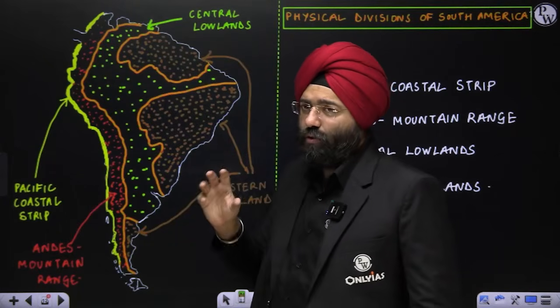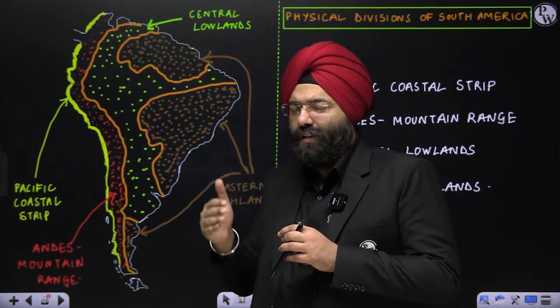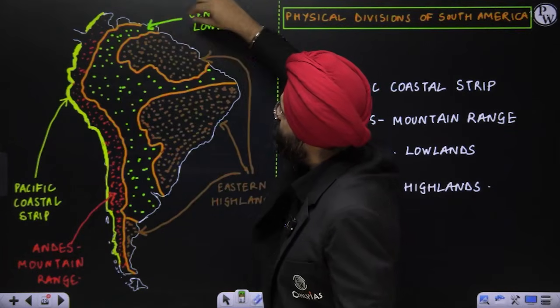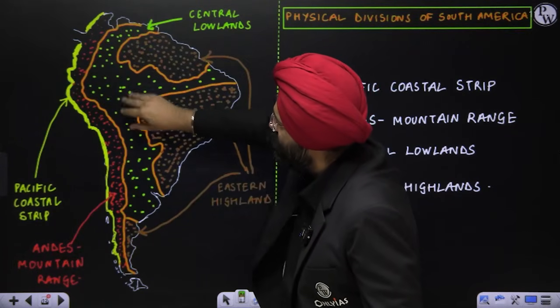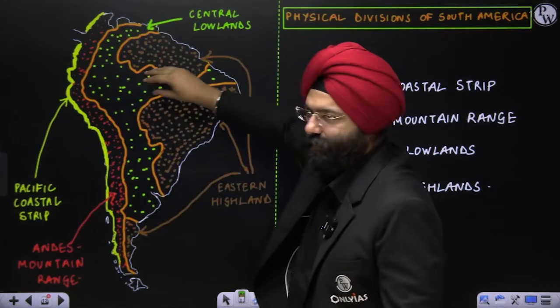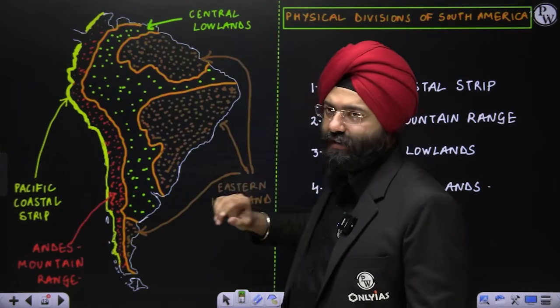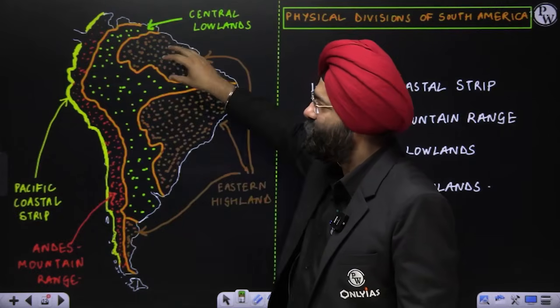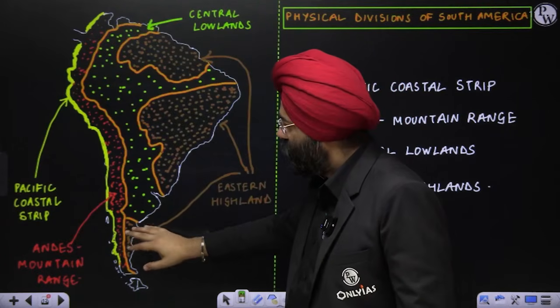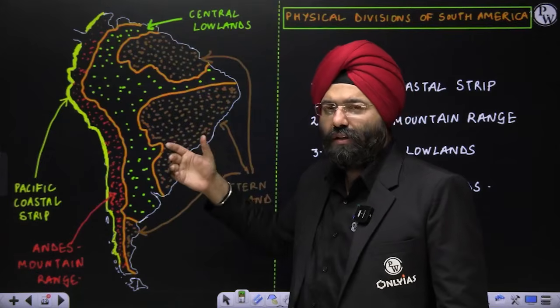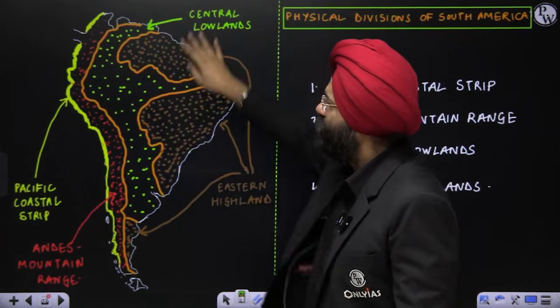So I would request you, while you are doing the mapping series, to do the physical geography series along with it. Then you have the central lowlands. These are the regions of central lowland, marked in green. And the last part is the eastern highlands. The eastern highlands are not one continuous body; they are 3 parts: one in the southern part, one over here, and one over here. We will be doing this in detail, don't worry. So these are the 4 divisions.